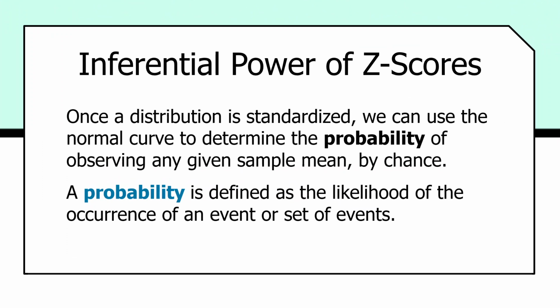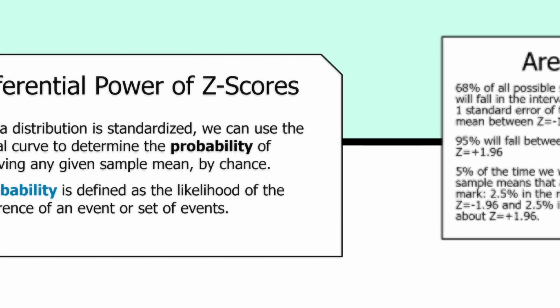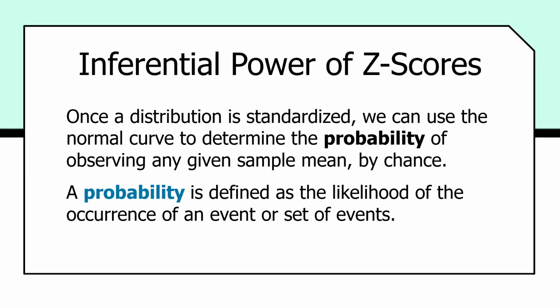If we go down to almost -2, in fact, the iconic true value is -1.96, often rounded to 2, all the way up to plus 1.96, or 2, that interval contains 95% of all possible sample means. So we can calculate areas under the curve by knowing these elements of the central limit theorem. And that's where the inferential power comes from. It comes from these standardized conversions of sample means into z-scores.